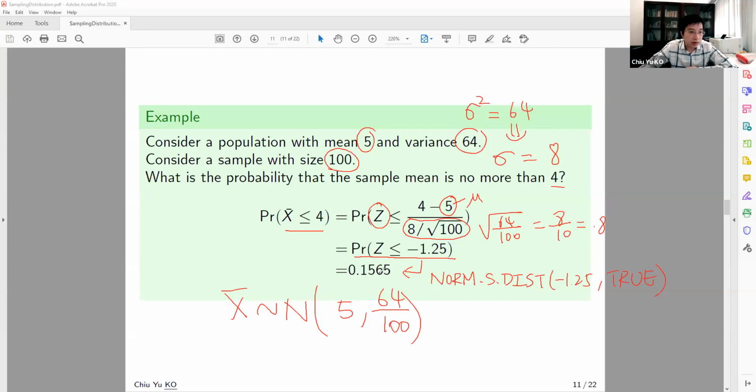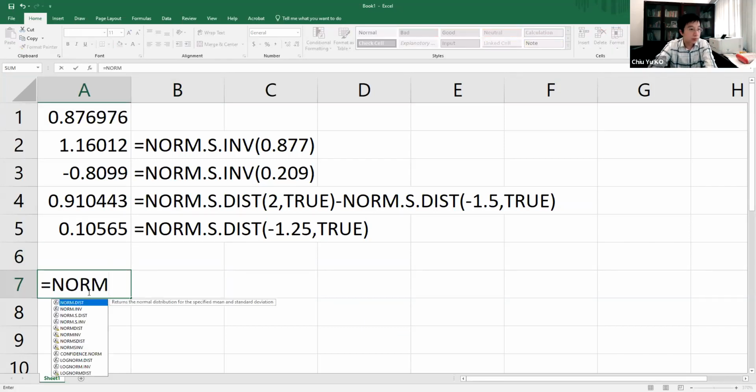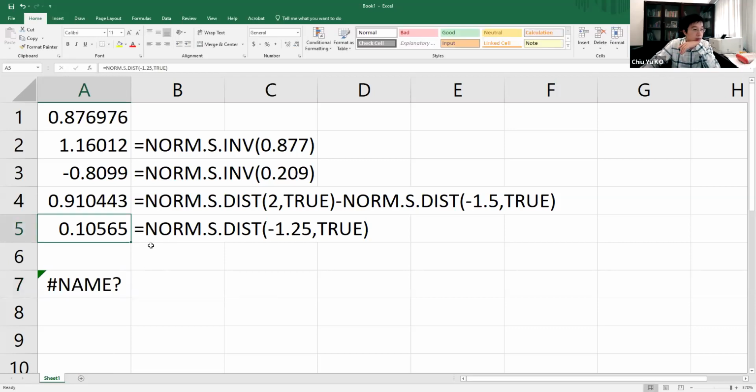Someone said to look at the Excel, it gives a different answer. Let's try it, because if that's the case, let's do it in Excel. Oh yeah, I missed the 0 there.